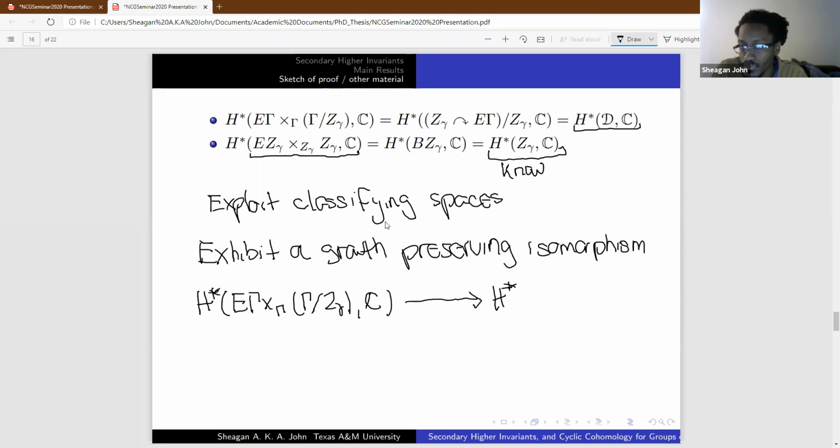But if we were careful, then we can exploit the notion afforded to us, and so it's this that we want to do. Can we exhibit a growth preserving isomorphism between the two?